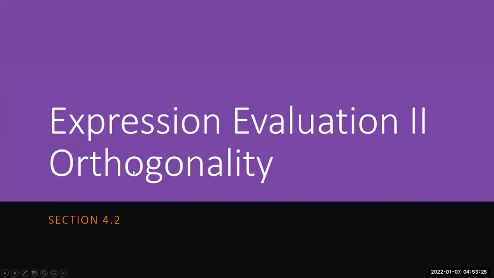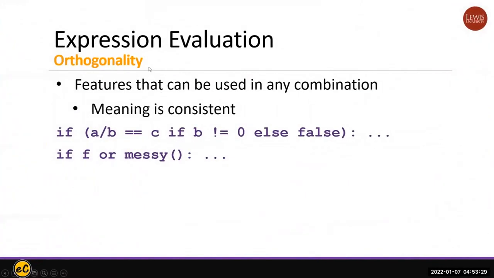Evaluation number 2, orthogonality. So orthogonality actually is meaning that features can be used in any combination. So you can put a function where function is accepted. You can put an integer where integer is accepted. You can put a Boolean value where Boolean value is being accepted. We call it orthogonality.